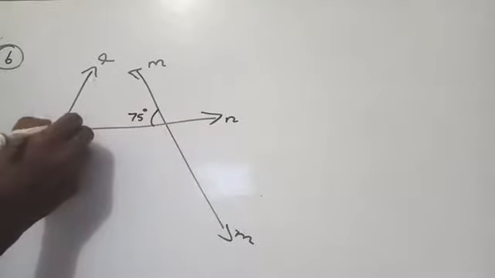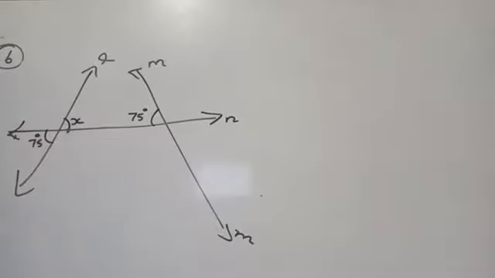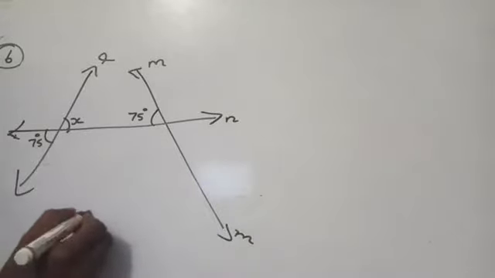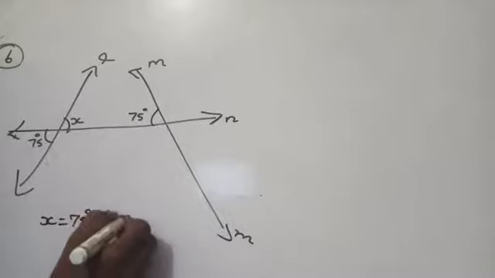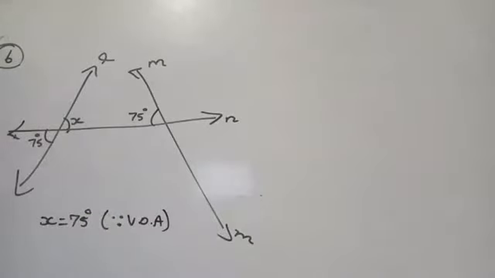It is X. Now you are able to find the value of X. X equals 75 degree. Can you tell me why? Vertically opposite angles are equal.